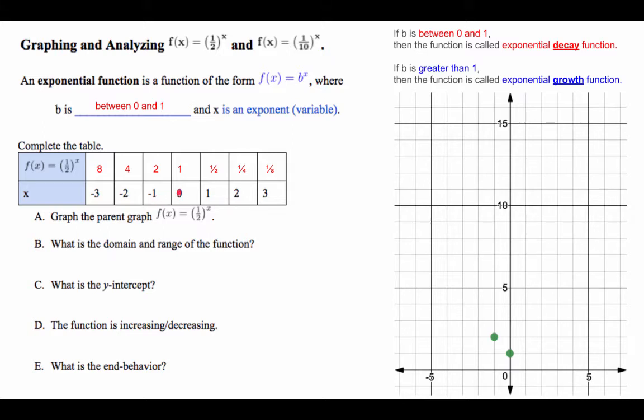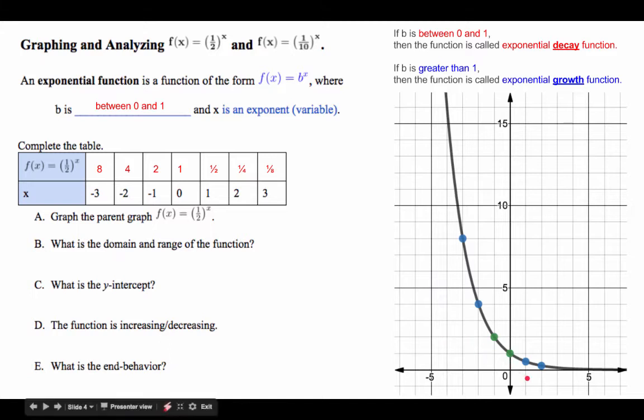Can you guess why? It has everything to do with the fact that instead of being 2, it's 1/2. What that means is that if you write that as a 2, it would be 2 to the negative x, right? Then if you plug in the rest of the coordinate values, this is what we get.